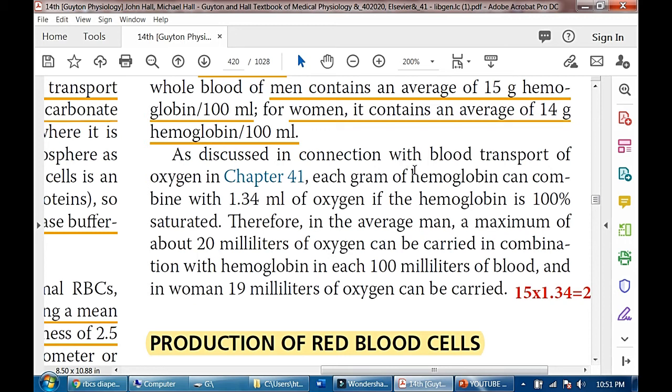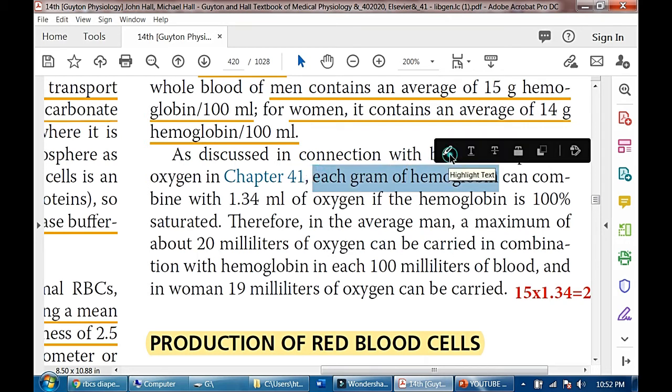As discussed, and it is mentioned somewhere else in detail, here we are just introducing. It is mentioned here that in blood transport of oxygen, each gram of hemoglobin can combine with 1.34 ml of oxygen. What does it mean?